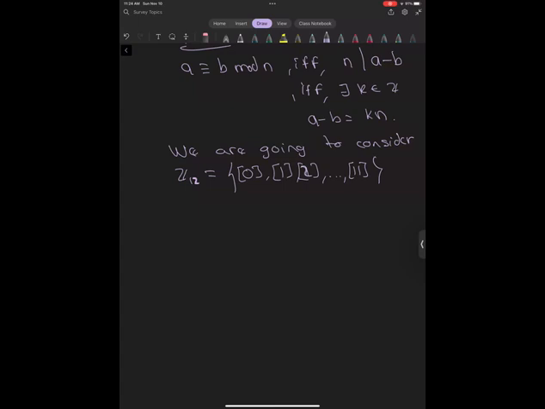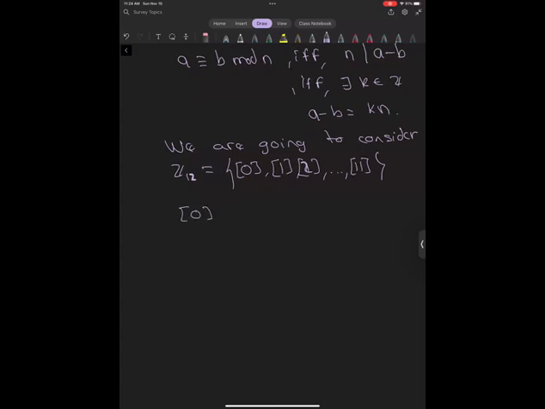So all the integers, you're going to divide into 12 groups. The 0 class is 0, 12, 24, 36, and so on, minus 12, minus 24, and so on. So basically, 0 and 12 is the same thing in this class.